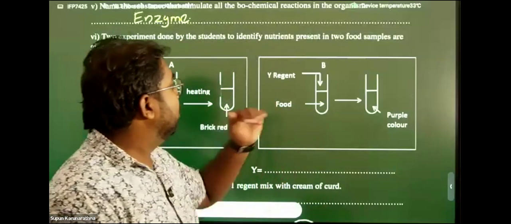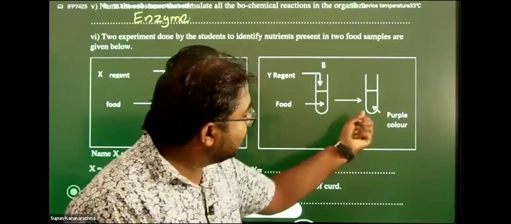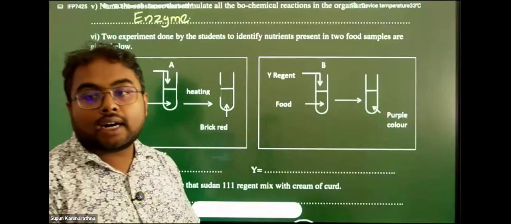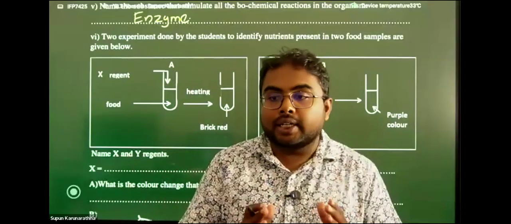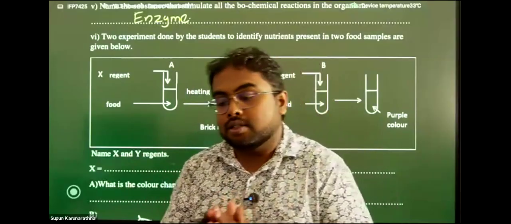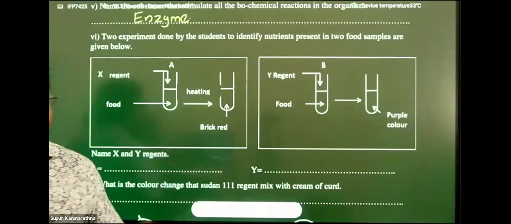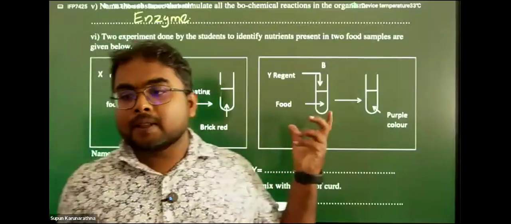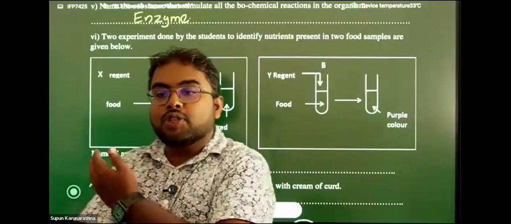And the next one, adding reagent Y, the food turns purple. Here are the two tests we use to identify the foods. What is the test that we are using here?